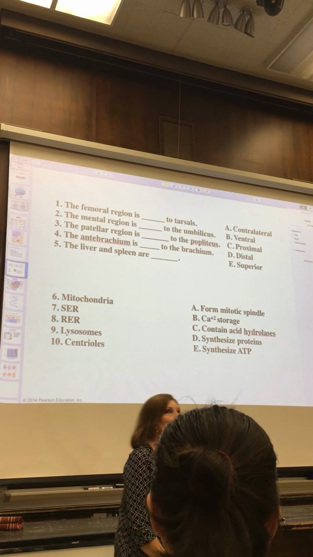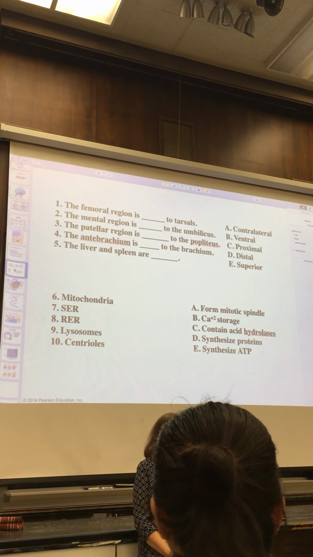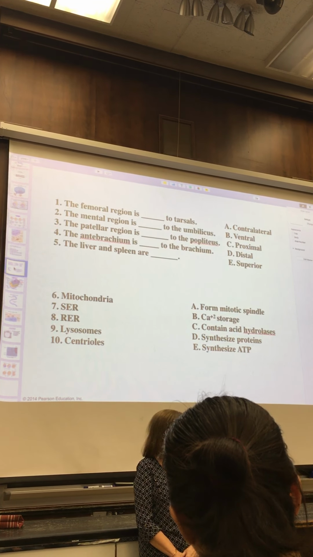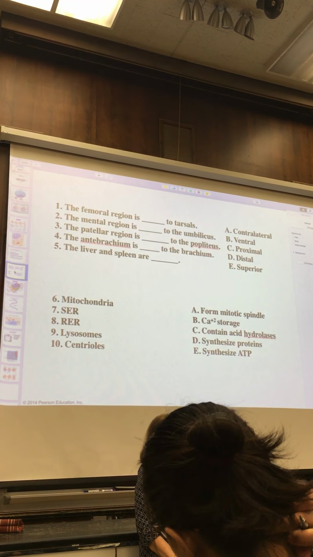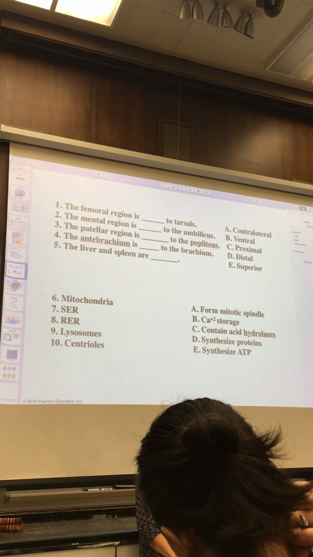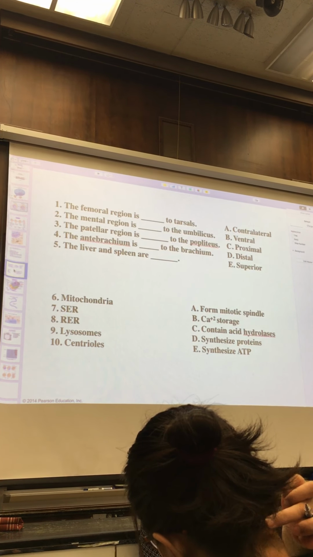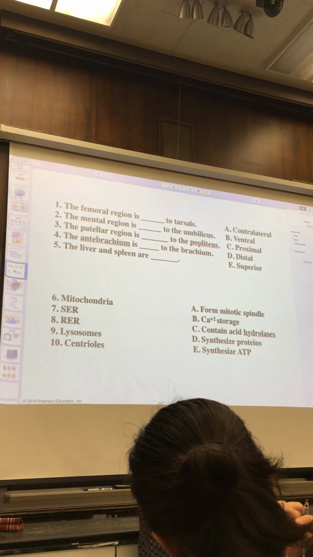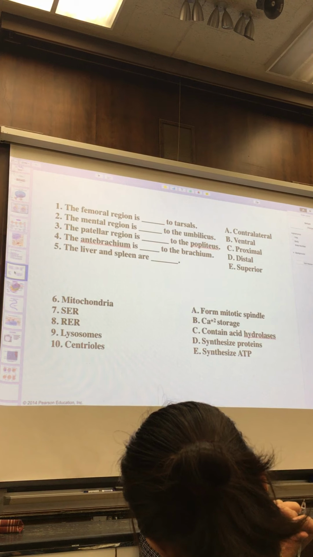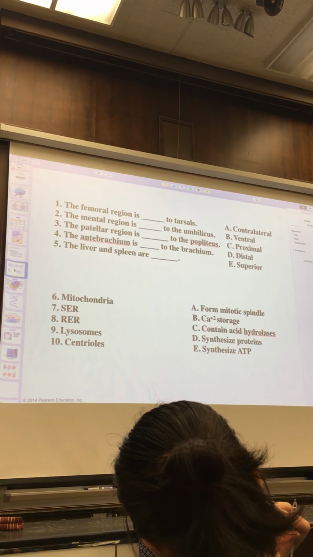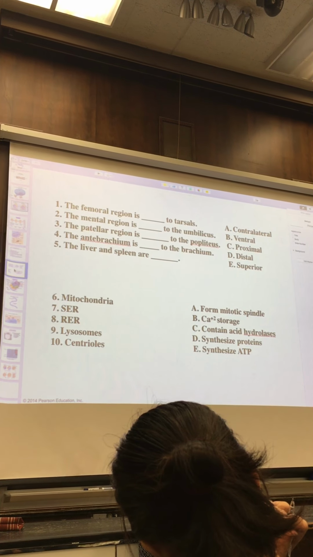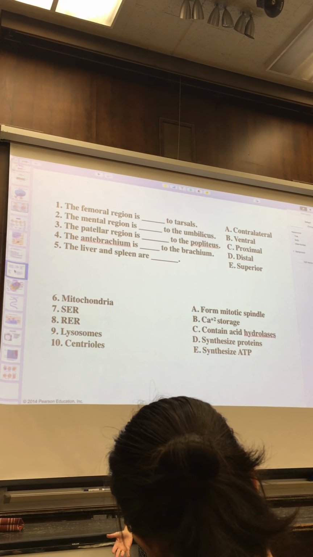The olecranon region is blank to the antecubital region. Naked guy, he's very cute. Where's your olecranon region? Bam, right here. Olecranon, this is the olecranon process. Antecubital, I didn't say antebrachial, antecubital, in front, right?